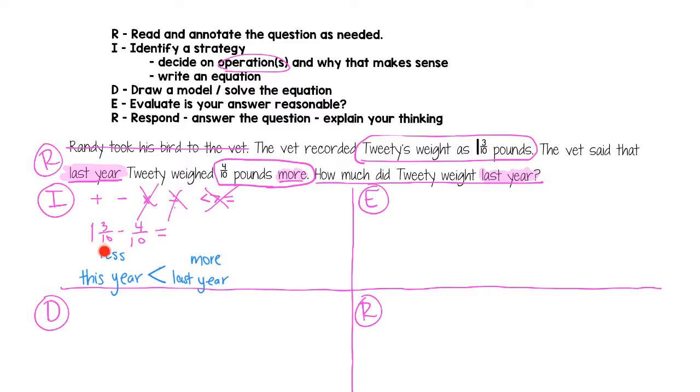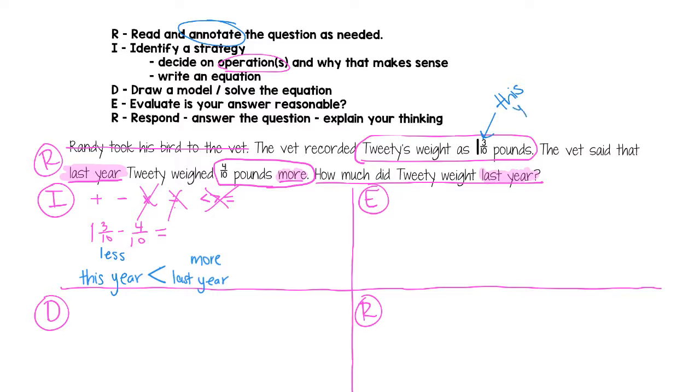So this year needs to be smaller, and then our answer needs to be larger because 1 3/10 is this year. I'm still annotating. I like to go back and annotate a lot.